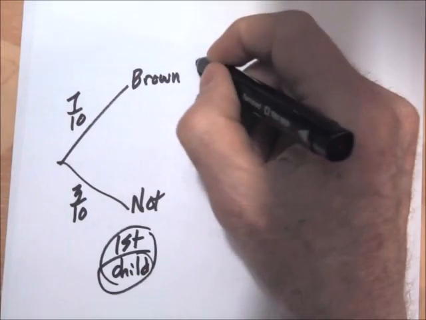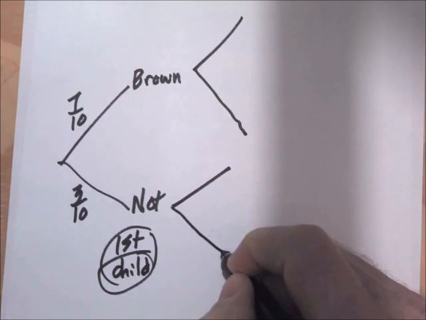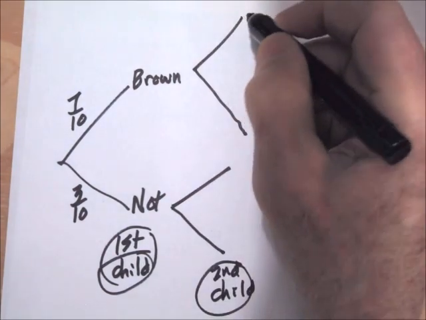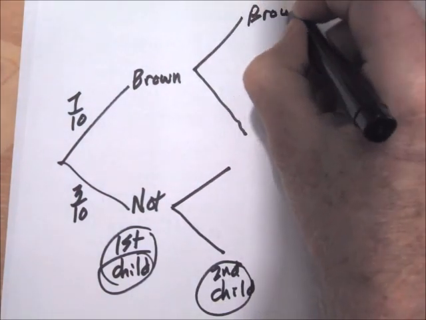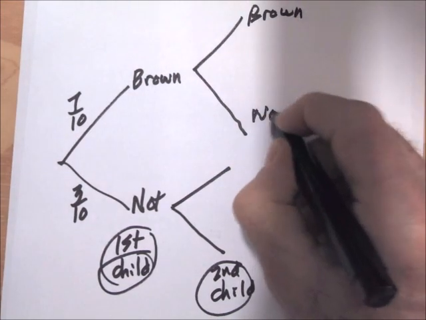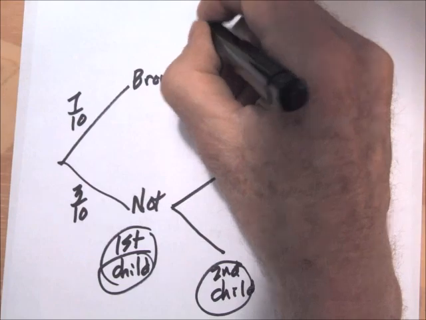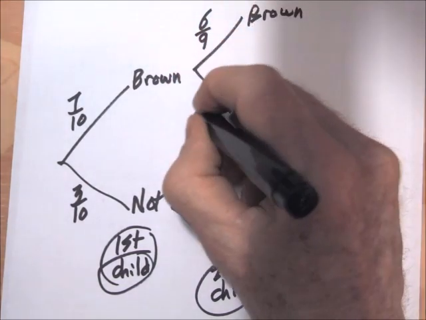After the first child has been picked, there are 9 children left. Now, if the first child had brown eyes, 6 of the remaining children will have brown, 6 out of 9, and 3 out of 9 will not have brown.